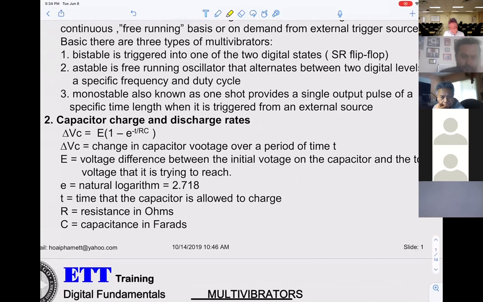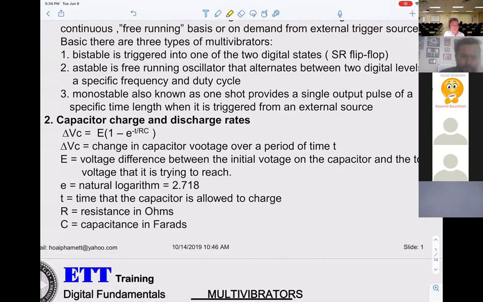And when they charge, we already calculated tau equals R times C. That means time constant. Time constant means the time for the capacitor to charge or discharge to 63.2% of the maximum value.